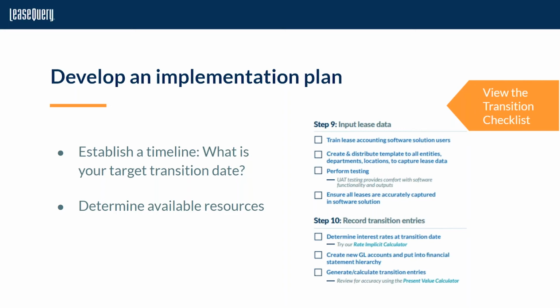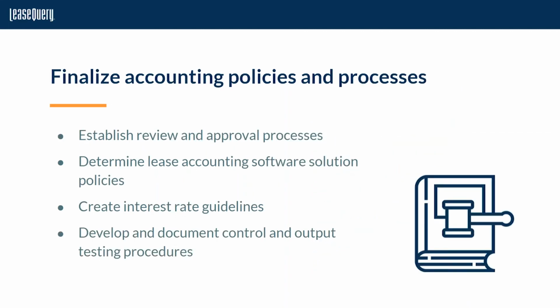What is their timing and what does your organization need to do before your consultants get started? Factor in your target compliance date, your lease accounting solution, and your available resources to determine what your implementation plan and timeline looks like.